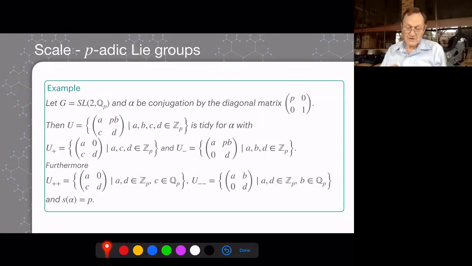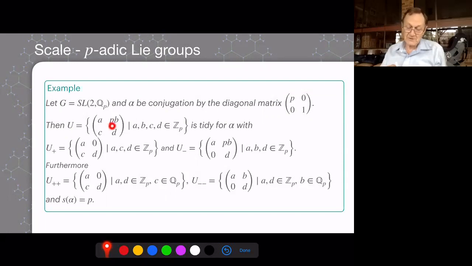And U plus is then the group of lower triangular matrices, and U minus is the group of upper triangular matrices in U. And the fact that U is the product of U plus and U minus is just a statement that U factors into a product of lower triangular and upper triangular matrices.